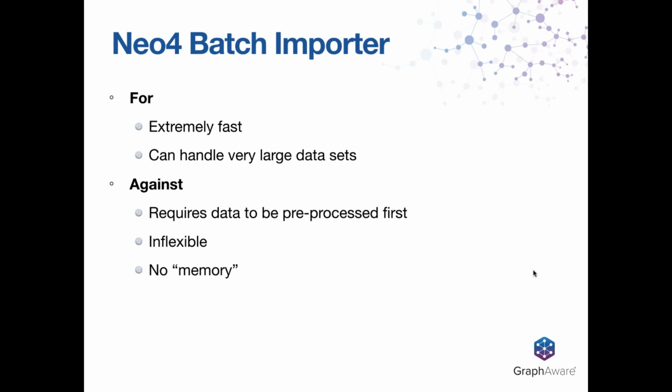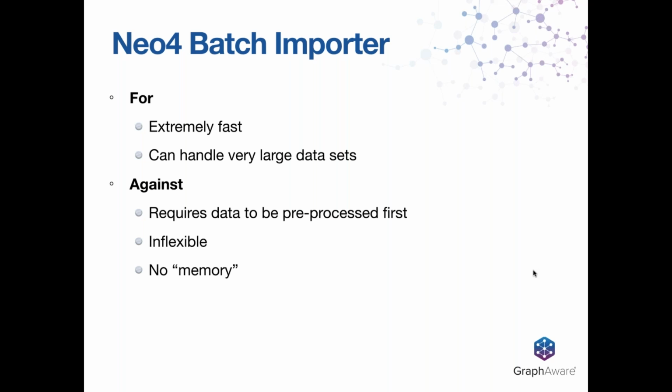Another option provided by Neo themselves is the Neo4j batch importer, which is extremely fast. It uses multiple threads. It can handle extremely large data sets. And it's kind of the opposite of load CSV, where load CSV gives you massive flexibility. The batch importer almost is the opposite.